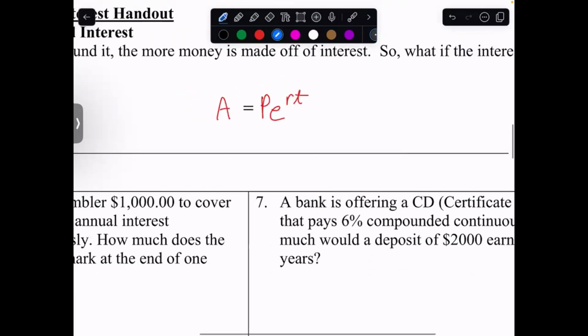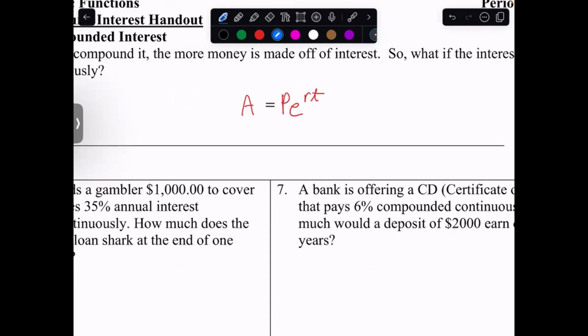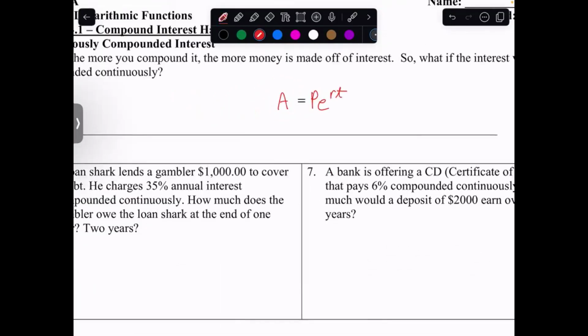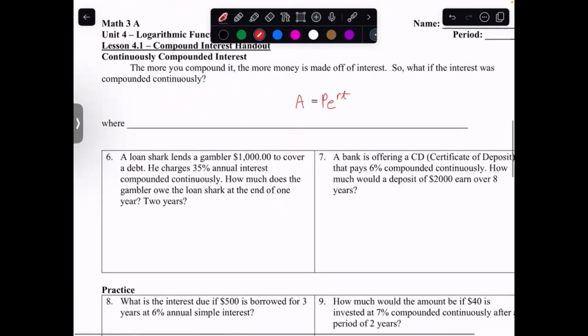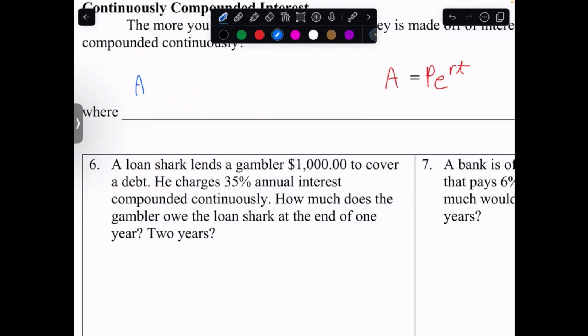Okay, let's write this in. A stands for the same thing it did before: A is the final amount or the balance. P is also the same thing it was before: P is the principal or the initial amount.